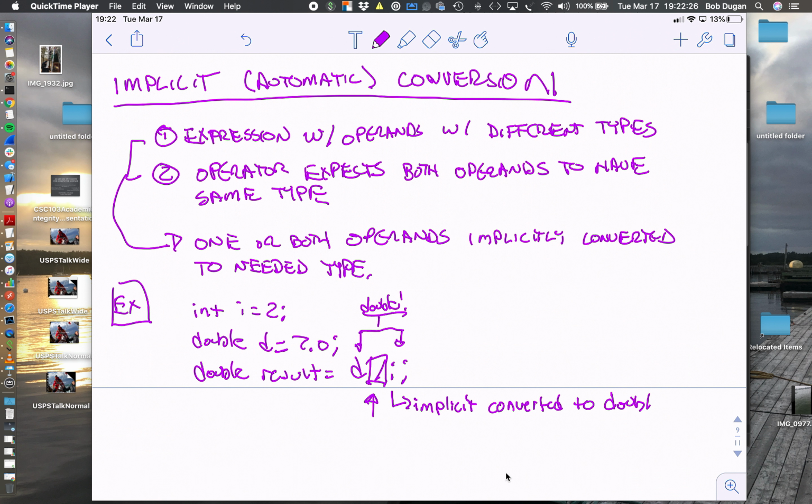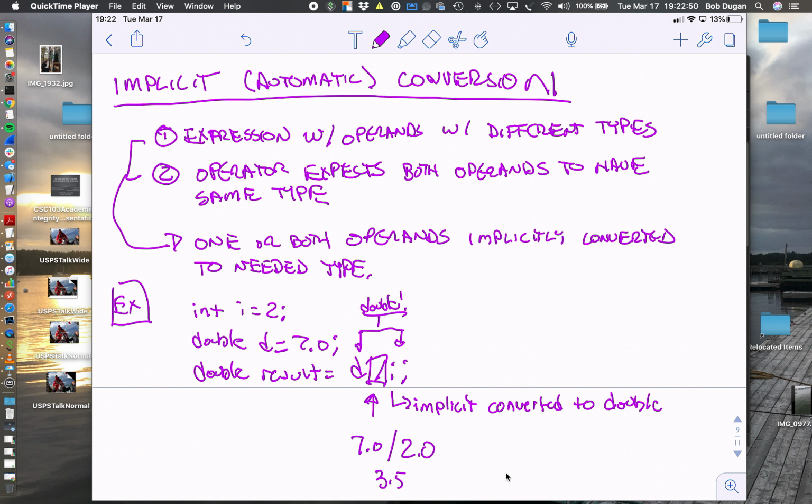You don't even ask for it, but the language will implicitly convert it to a double. So in this case, Java or C++ will convert it to double. So now we have 7.0 divided by 2.0 instead of 7.0 divided by 2, and that's going to give us 3.5, and that's the result that we are going to expect.